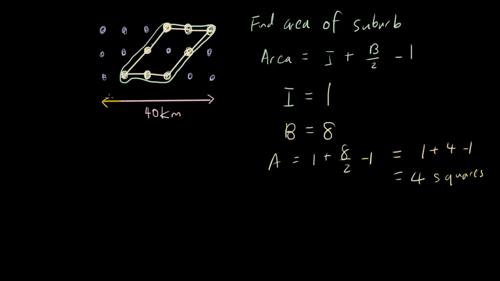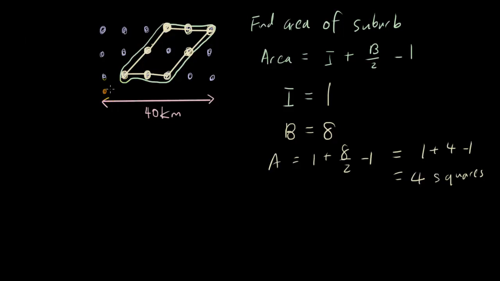But we know that from one end of the grid to the other is 40 kilometers. So how many spaces are there from one end to another? Let's use another color so you can see it.